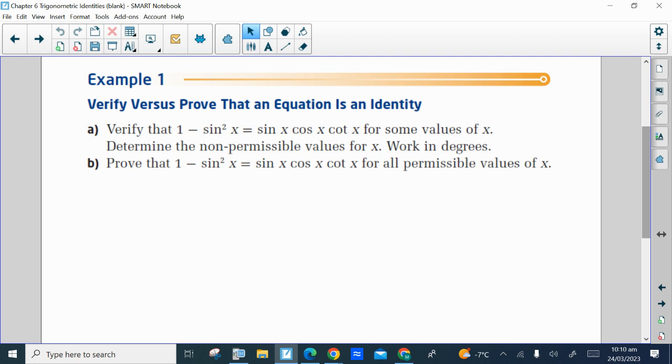So this first example says to verify that that statement is correct for some values of x. We'll determine the non-permissible values in degrees, and then we'll show that it is true for all permissible values of x. So when it says verify that it is true for some value of x, we just choose a random angle.